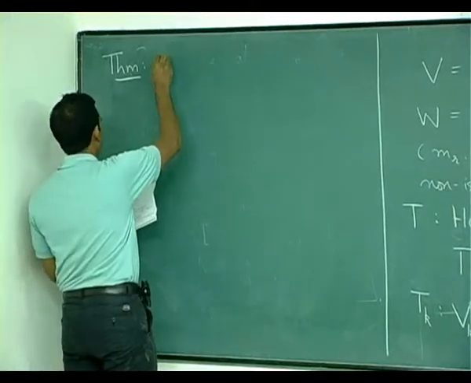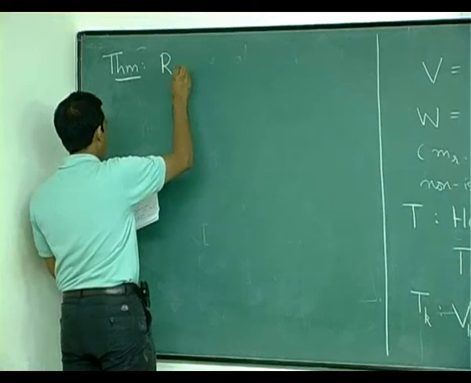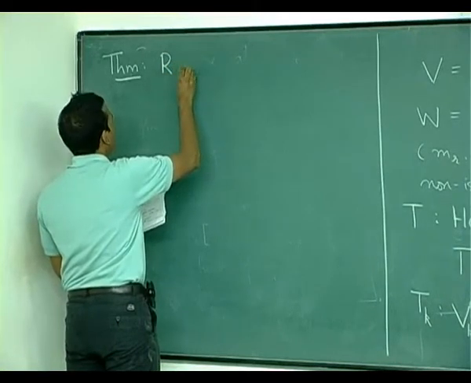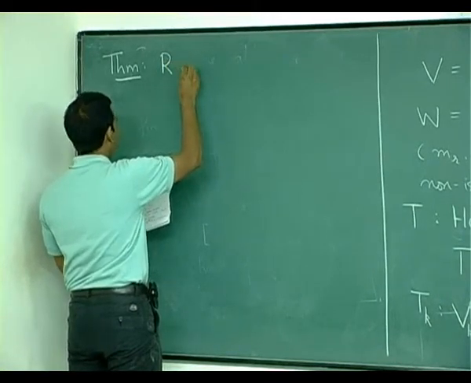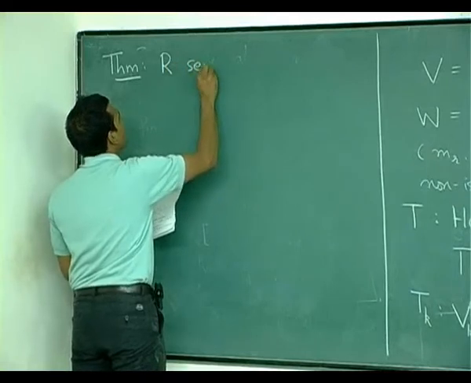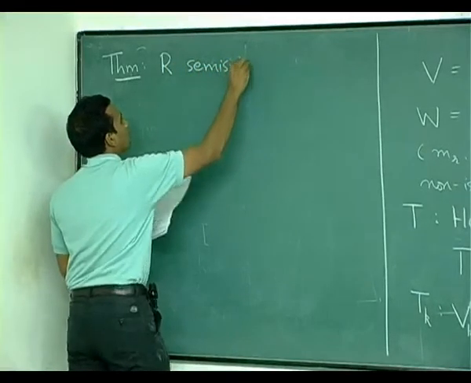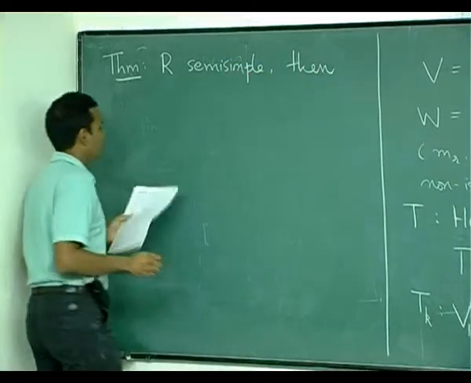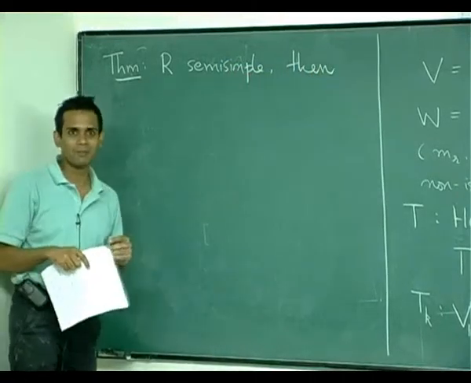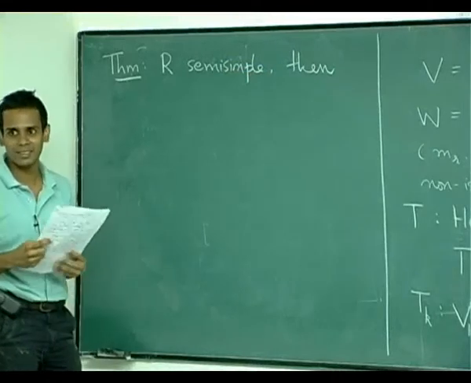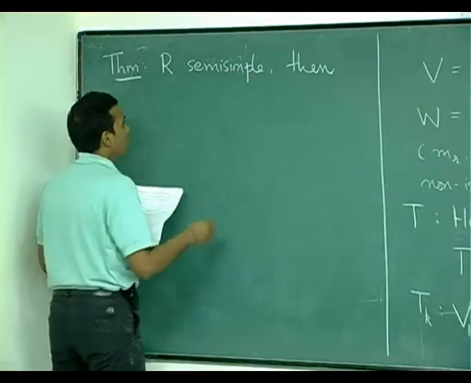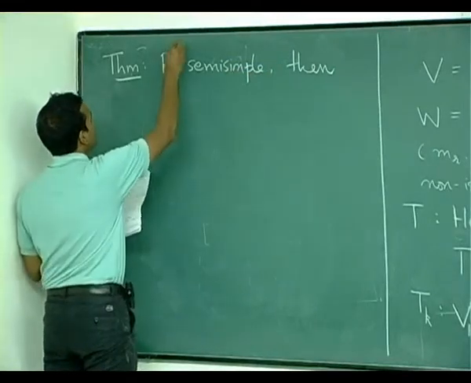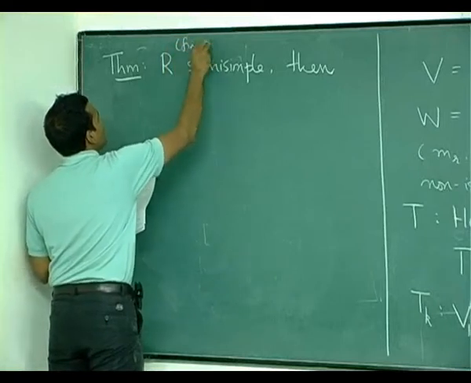So if R is finite dimensional semi-simple, actually I'm not even sure you need finite dimensionality, but I guess the way I've defined semi-simplicity, I assume finite dimensionality. So let's just assume finite dimensional.